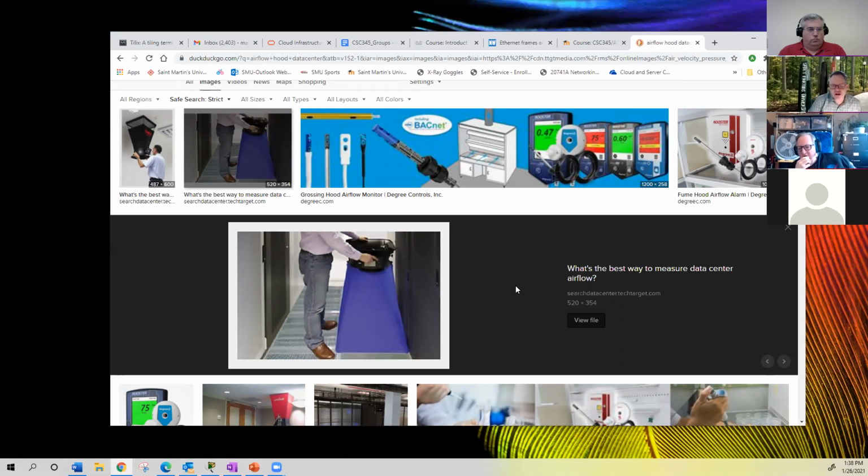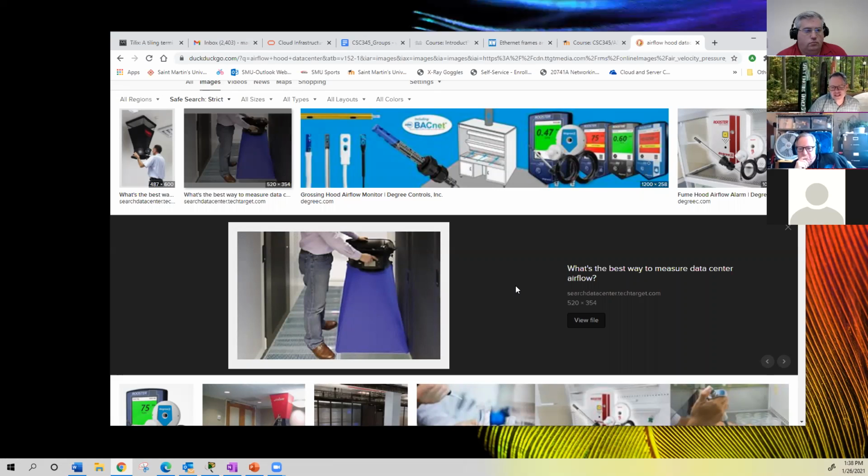If you don't have enough airflow and it doesn't make it to the top of that cabinet, what happens? You're going to get recirculation. Hot air from the top is going to get sucked around because it's a low pressure area, and hot air is going to be sucked in. So if you're not blowing up enough cold air to cool these servers, you've got a hot spot. You've got a problem right there in your data center.